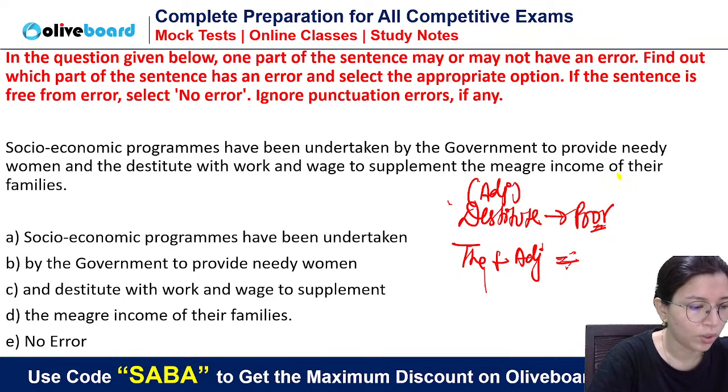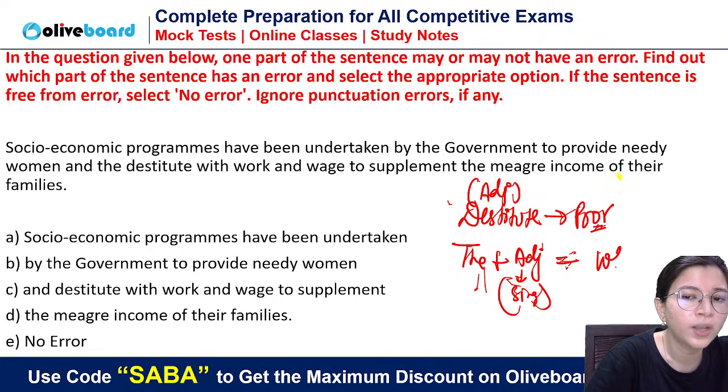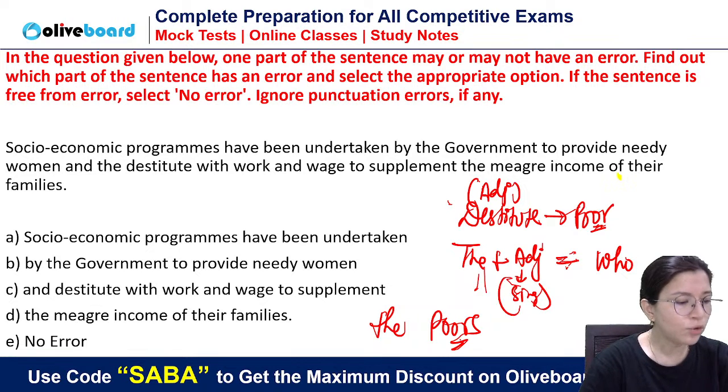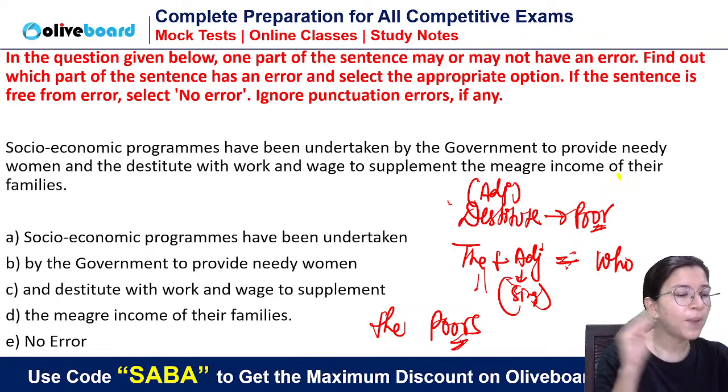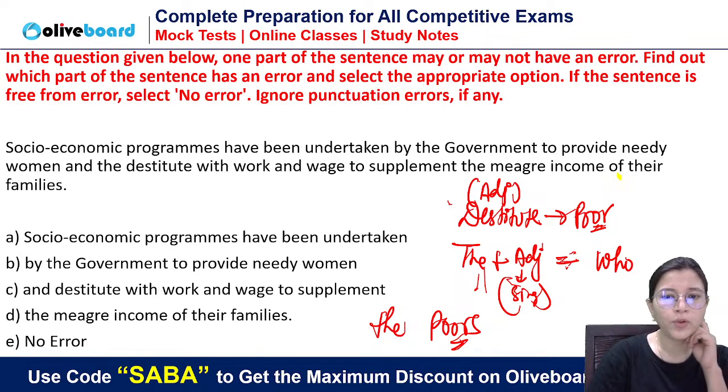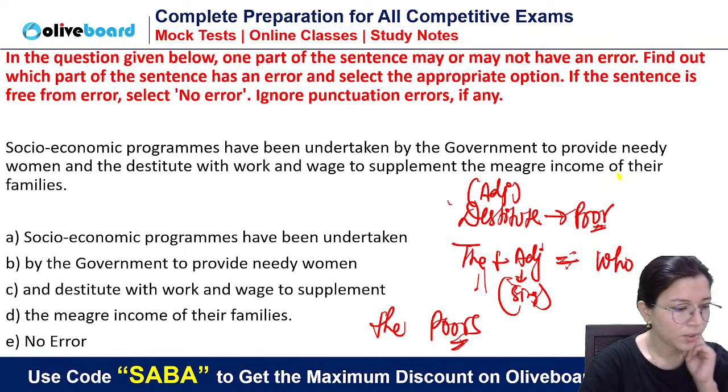You all know this rule. ठीक है कि the plus adjective जब होता है तो this adjective has to be in singular form, but it refers to the whole community. Like, can you say the poor? Same logic you have to apply. Can you say the poor, the richest? You can't say. So it implies the entire community. Indigent, poor, destitute, all these are same.